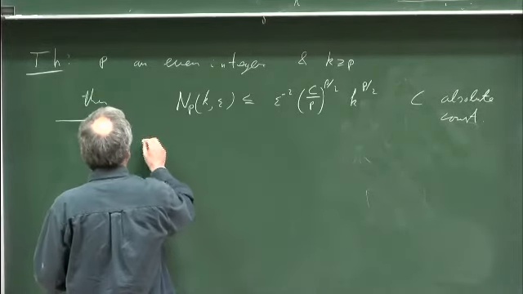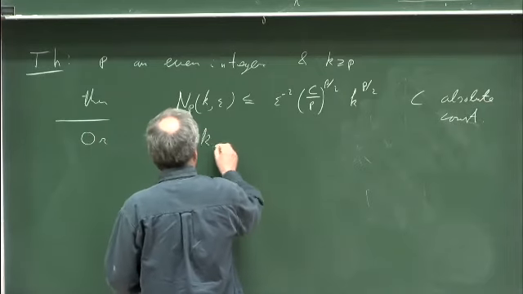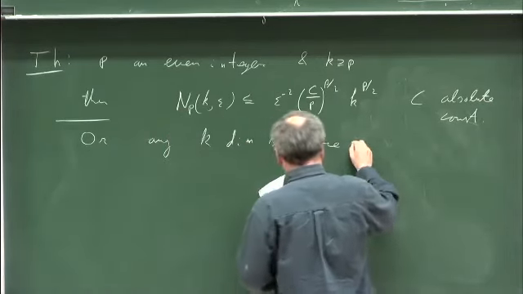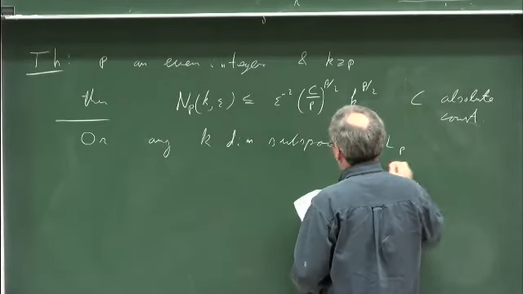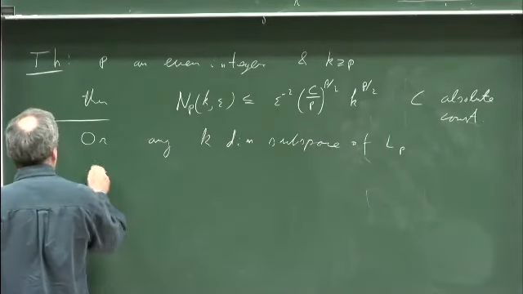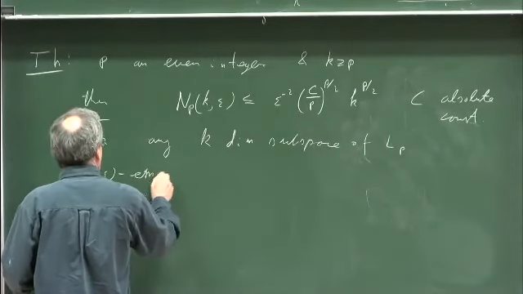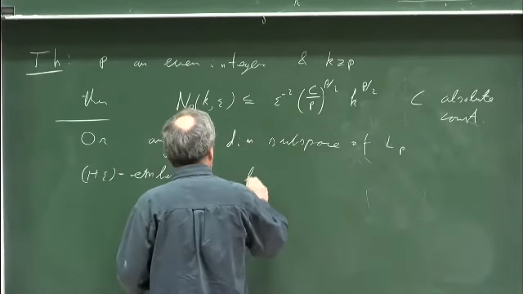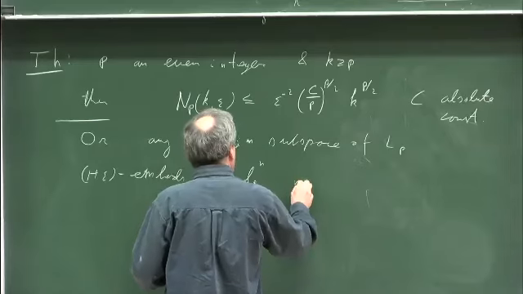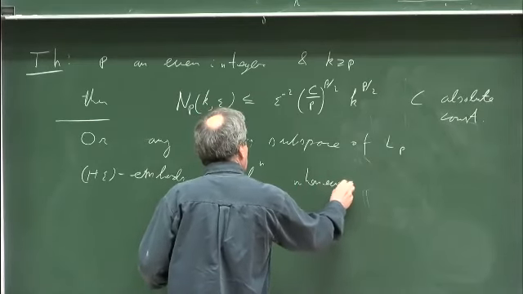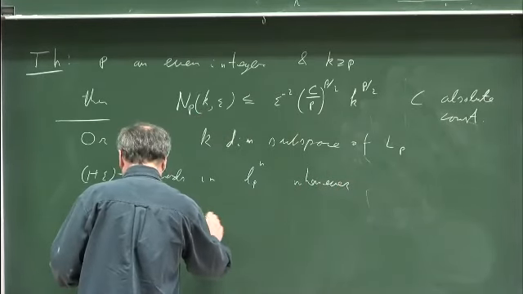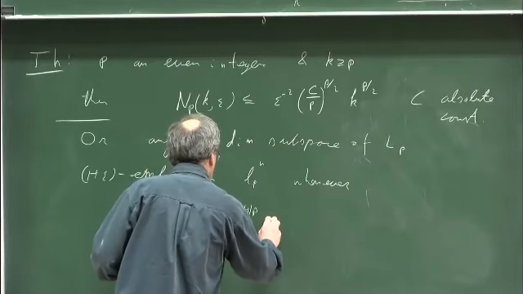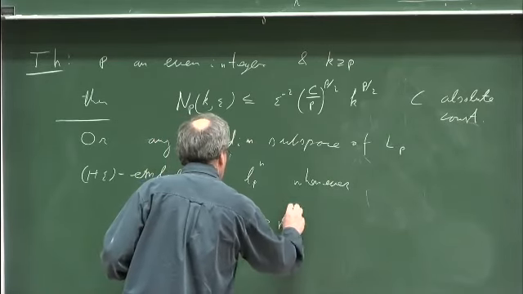So this says that any k-dimensional subspace of L_p, 1 plus epsilon embeds in l_p^n whenever k is smaller or equal than some absolute constant times epsilon to the 4 over p, p n to the p over 2.